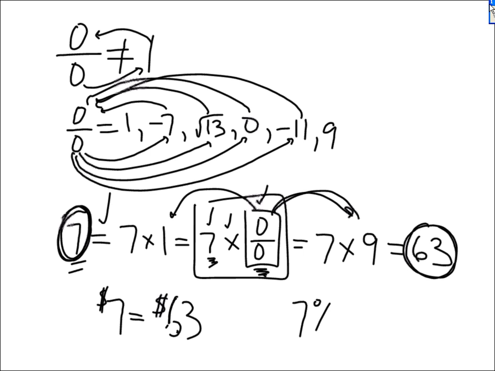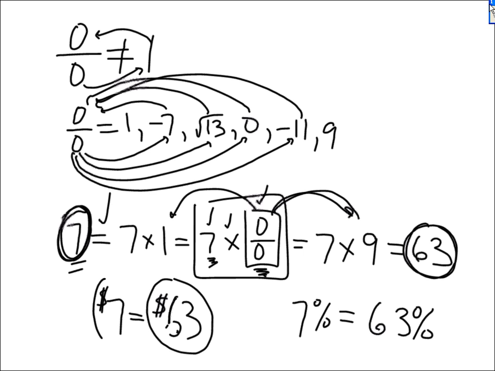You get a 7% on the test. Go up to your teacher: no, teacher, I want 63%. Or if you owe somebody $63, you can say, okay, I have your money, and give them $7. But this is gibberish. It makes no sense at all.